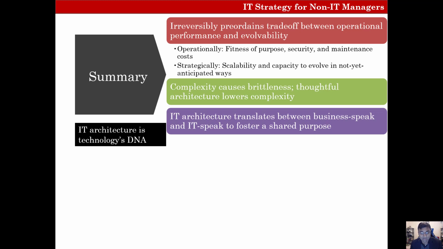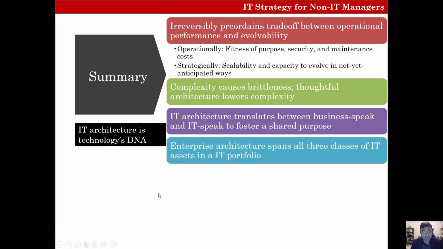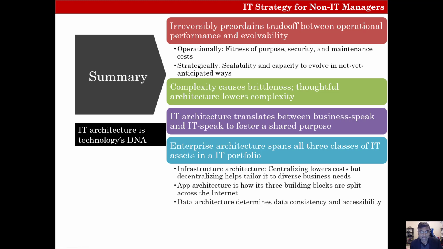IT architecture is essentially a bridge which is created between business people, the functional department, and the technology department to foster a shared purpose. We have enterprise architecture, which has three classes of IT assets in a portfolio.